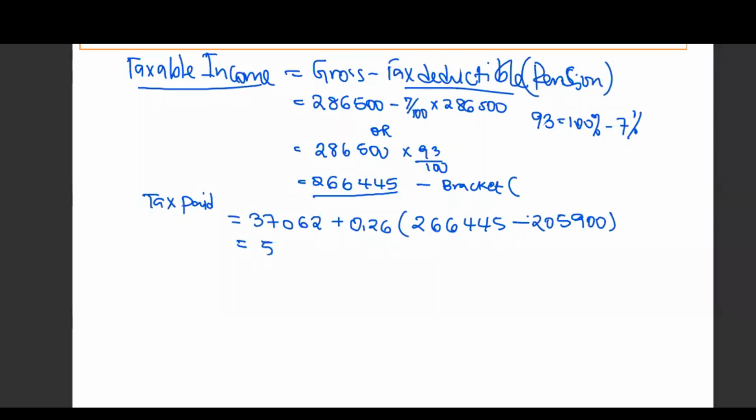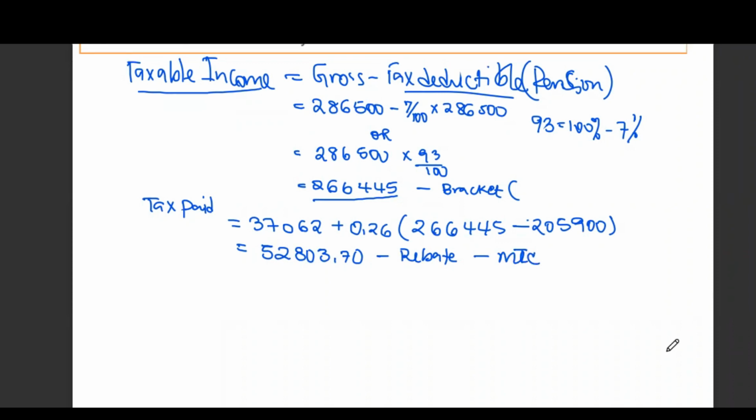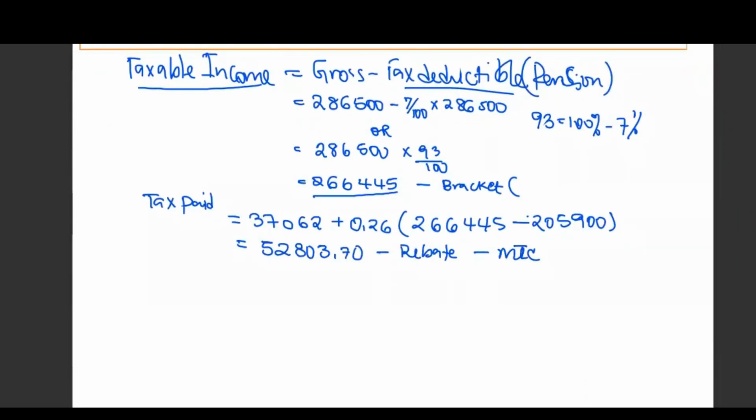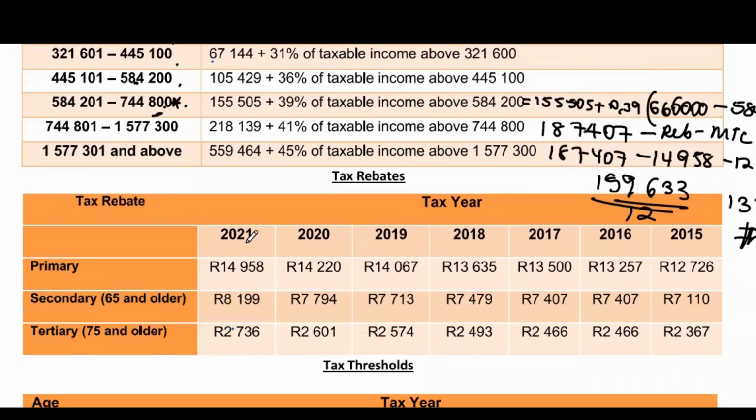Now we need to subtract the rebate, and we also need to subtract the medical tax credit. Remember, take note, they did specify the year. Here we shall remain with the first number, 2021, from the table. Go to the tables. Now we are in the rebate. We shall stick to the rebate.